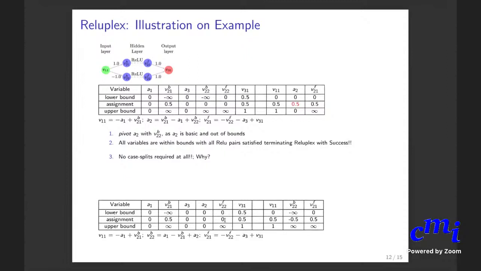You can check. V22F is 0, and V22B is minus 0.5, okay? I'm not going through the simplex step, but believe me, after pivoting A22, V22B, this is what you get, the table shown in here.